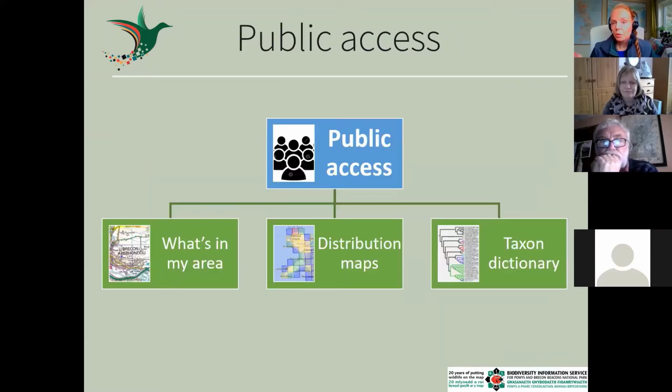So even if you already have another level of access to Aderyn, so perhaps you're a county recorder for a certain taxa, so you can see all the records for your taxa, well, actually using the public access tools means that you can have a look at some other taxa or another region of Wales. So they're really handy to know about, even if you're already using another part of Aderyn.